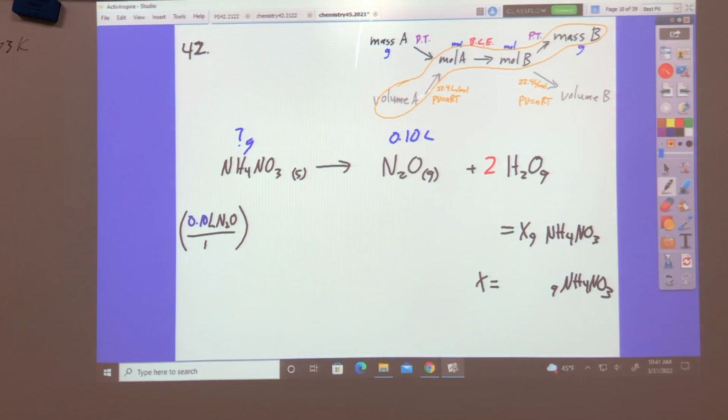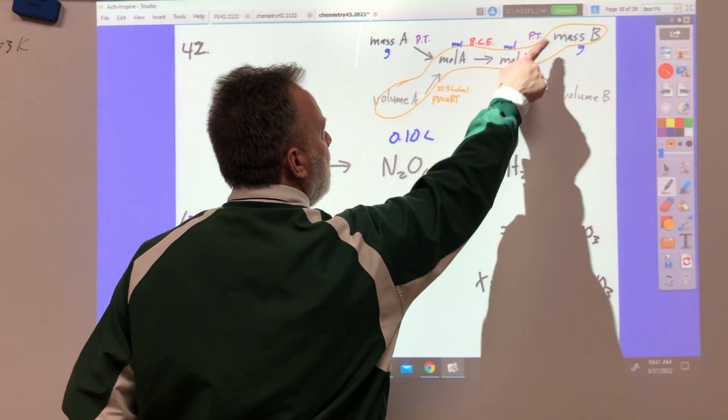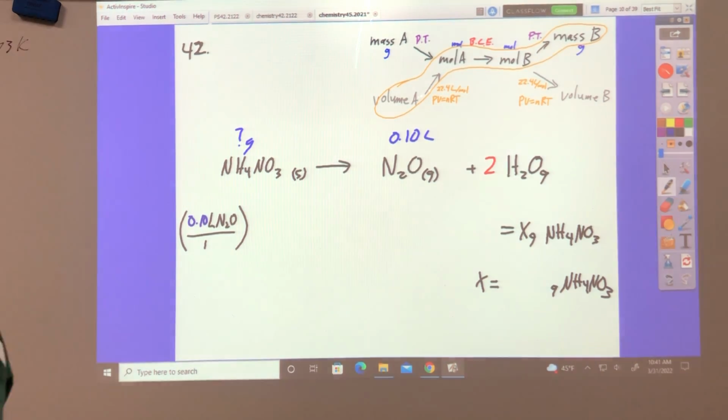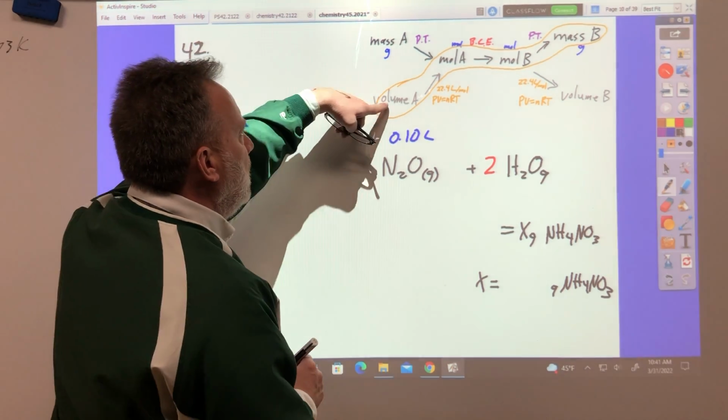Okay, so let's go liters to moles to grams. So along the top, I think I have the right one here. Liters to moles.